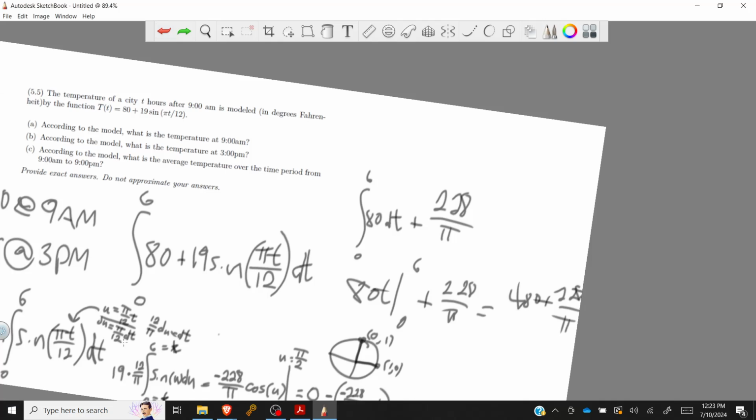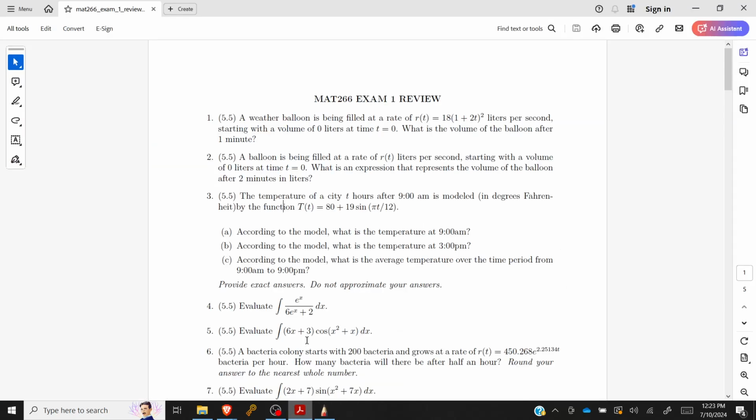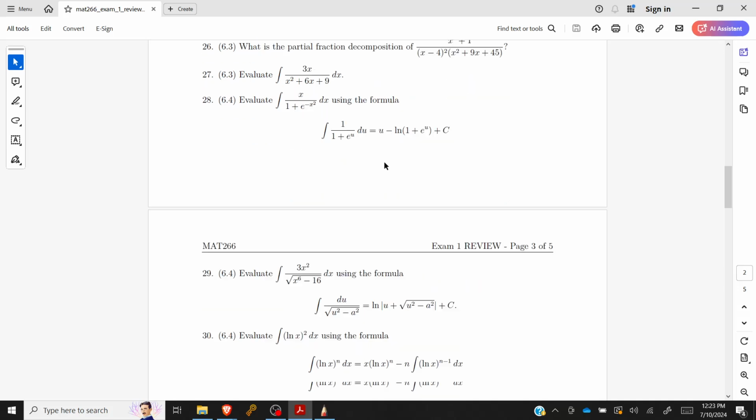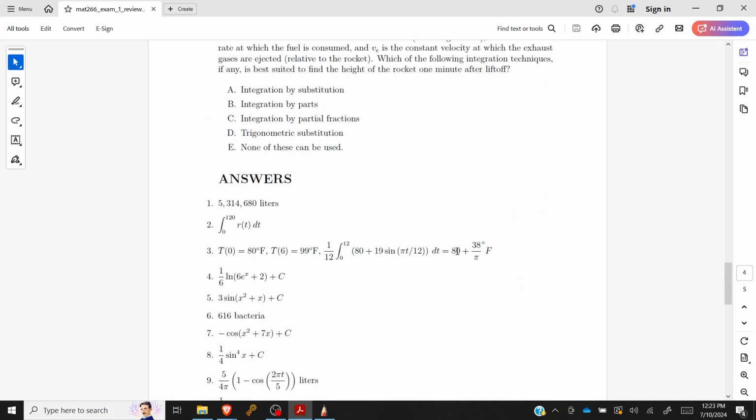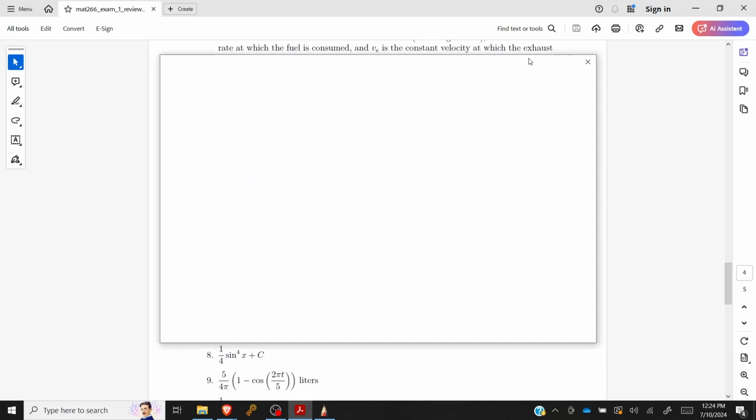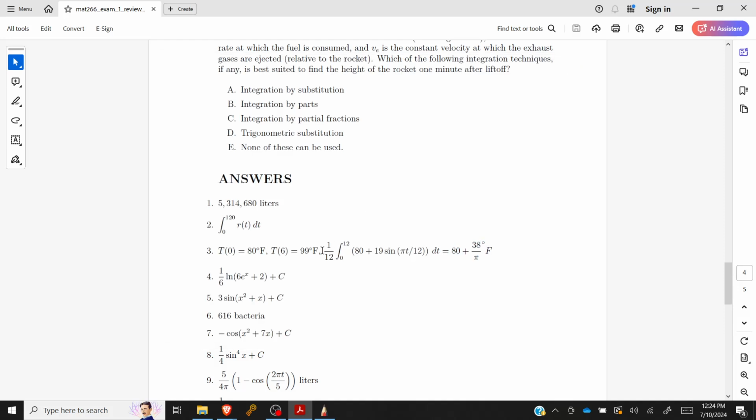Before I say that, I will check the answer and see if I got something wrong along the way. So it looks like it's 80 plus 38 pi. Oh, just kidding. It's going to be 99.